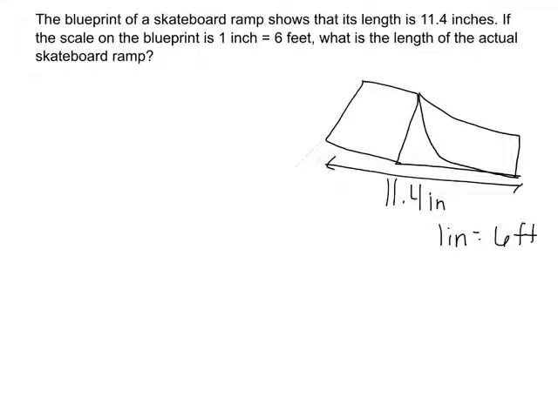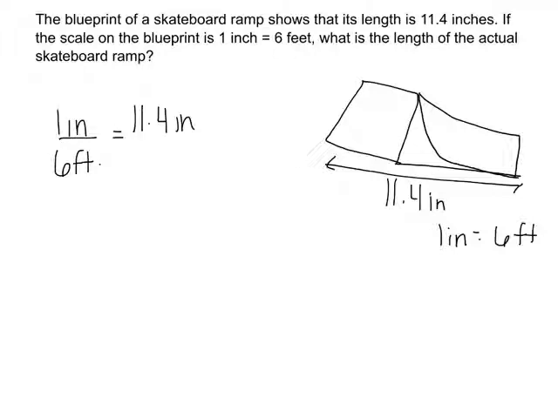The blueprint of a skateboard ramp shows that its length is 11.4 inches. If the scale of the blueprint is 1 inch equals 6 feet, what is the length of the actual skateboard ramp? So the first way I can do this is to say, if I have 1 inch, I have 6 feet. And when I measure it, I measure 11.4 inches.